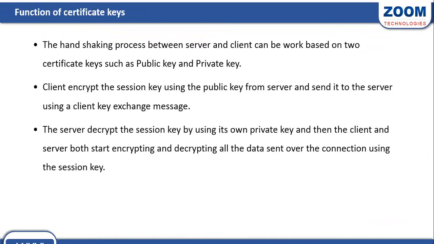But if you have HTTPS configured at the server machine, and the client uses the request http colon double forward slashes www.zoomgroup.com, as an example website name, the client can still access the website using the HTTP protocol itself.